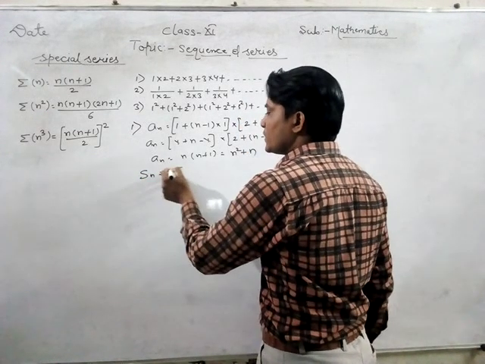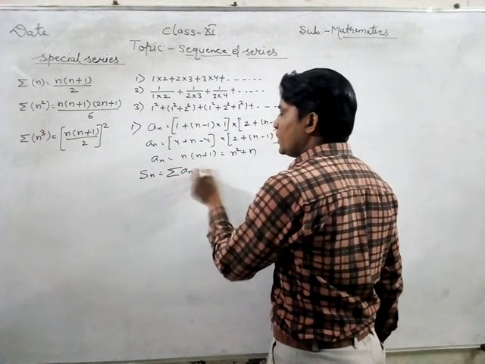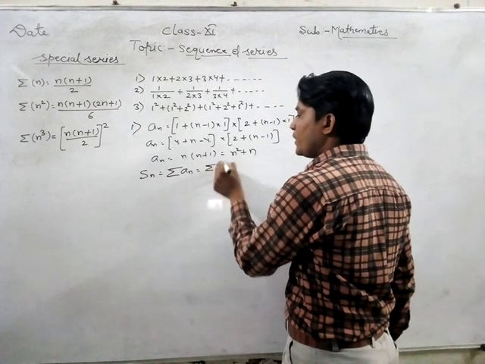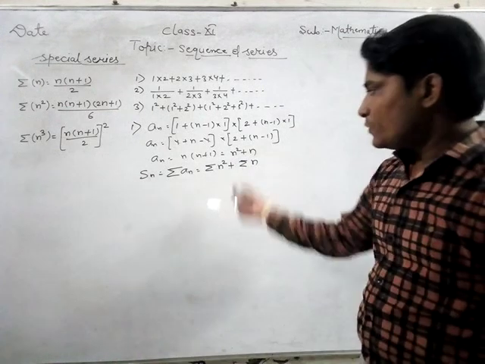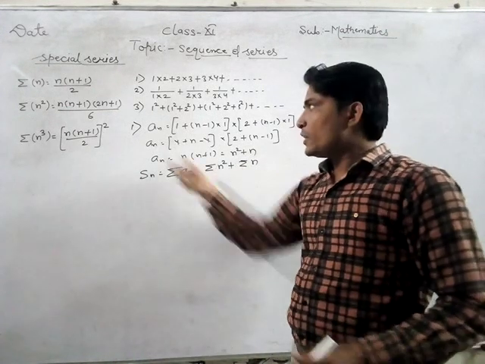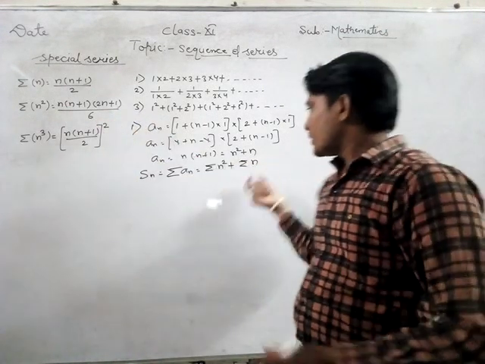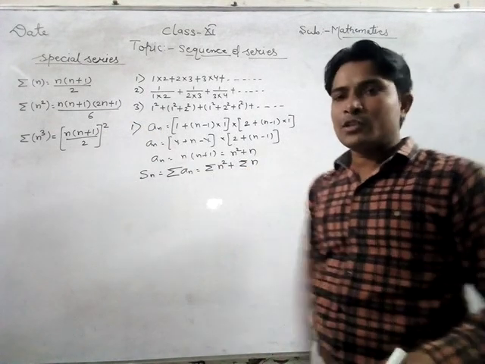So what is the Sn? Here Sn is summation of an, meaning summation of n square plus summation of n. We have both formulas: summation of n square, the second formula, and summation of n, the first formula.